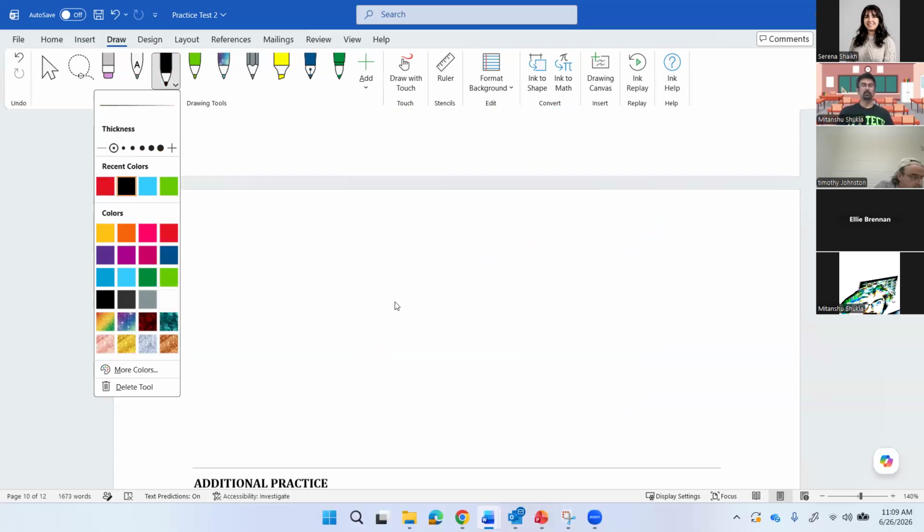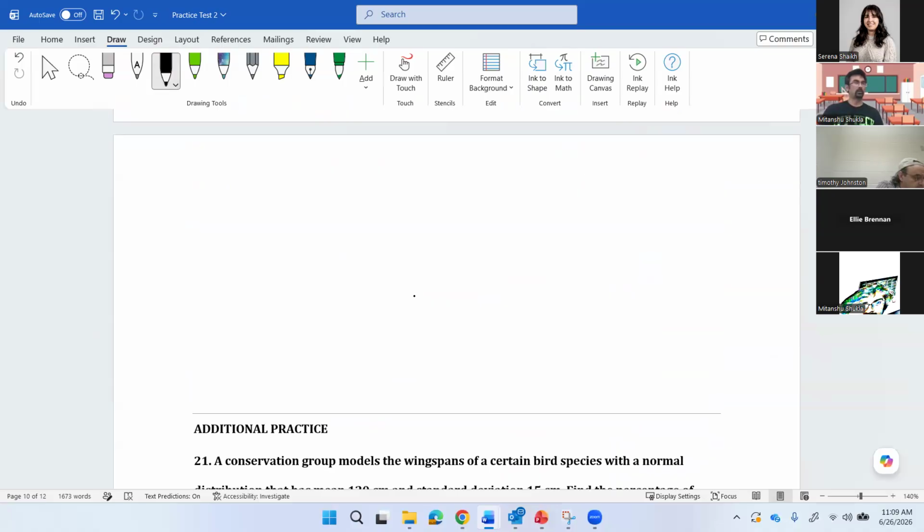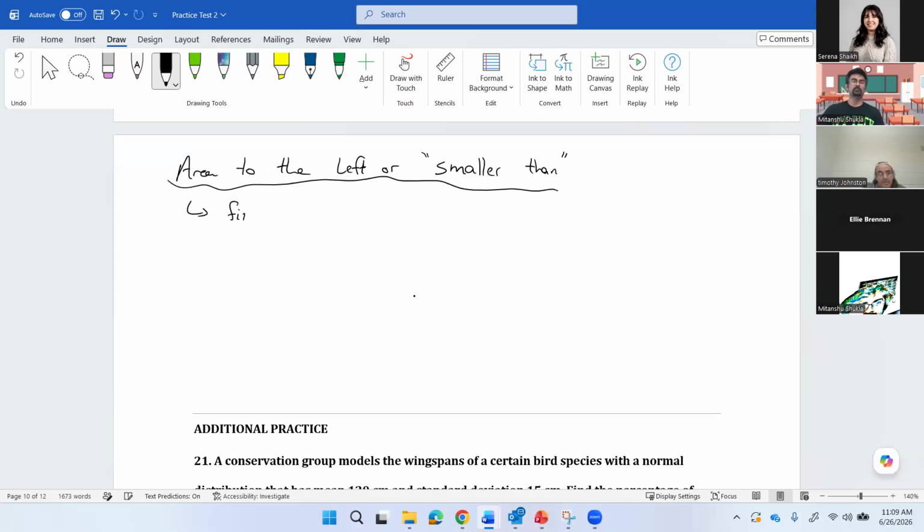So let's do a quick little cheat sheet here. When they want area to the left, or smaller than, which is something else they can say, find the z-score and the corresponding area is the answer.